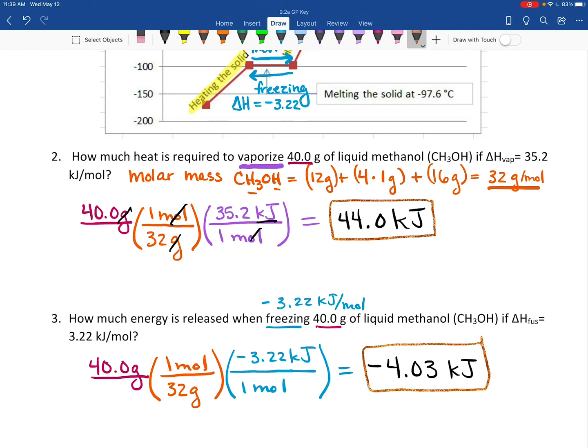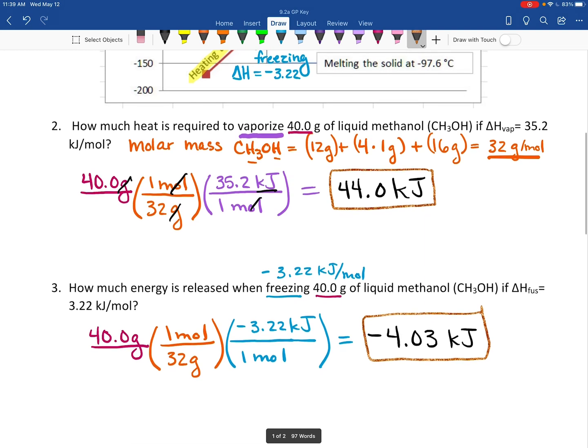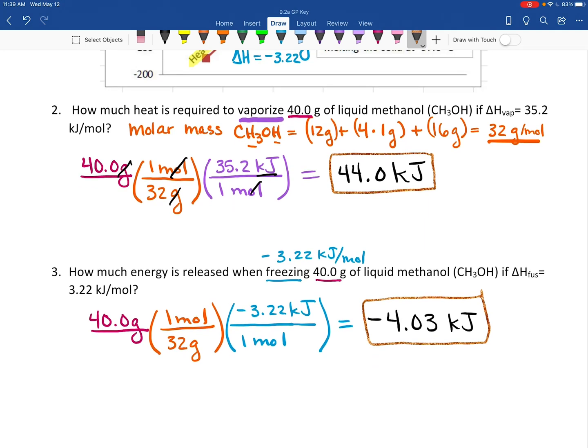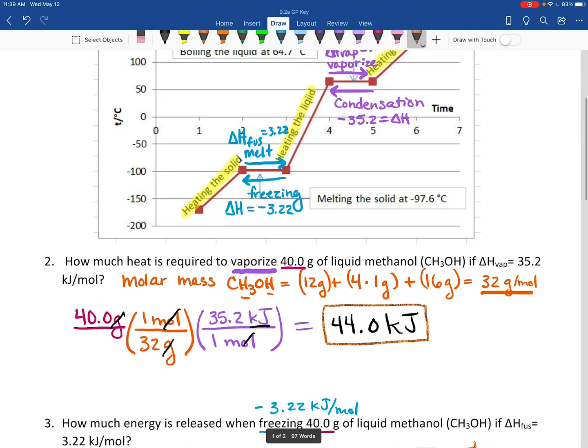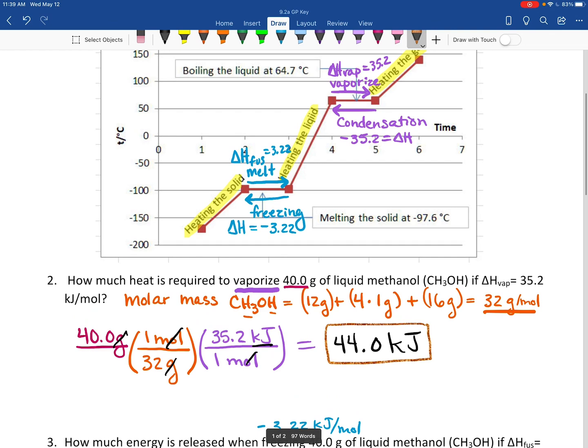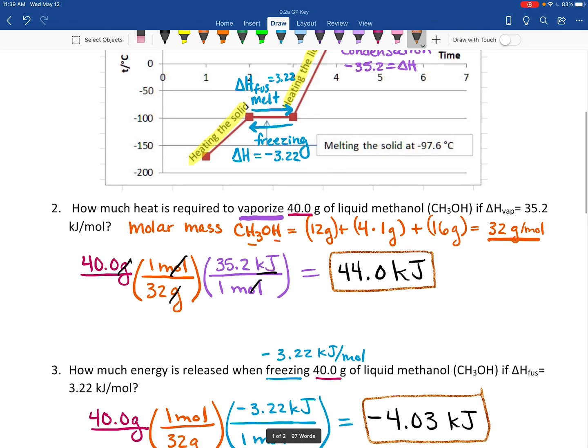Okay, let's keep going and work some other problems here in just a moment. But one thing I want to point out is the amount of energy that it takes to vaporize or condense is a lot greater than the amount to melt or freeze.